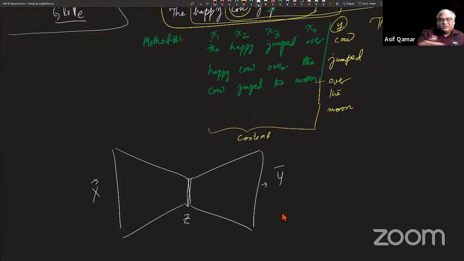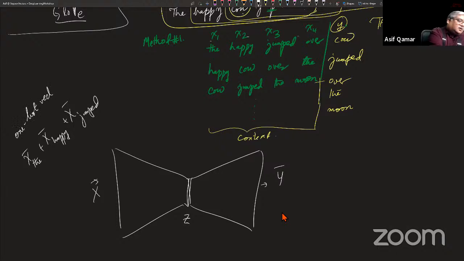And each word is, of course, a 100,000 dimensional vector. So what you can do is you take the vector X of the plus X of happy plus X of jumped, the one hot encoding input vectors, plus X over, you add them, right? You can just sum it, or some people prefer to average it, average of the four.